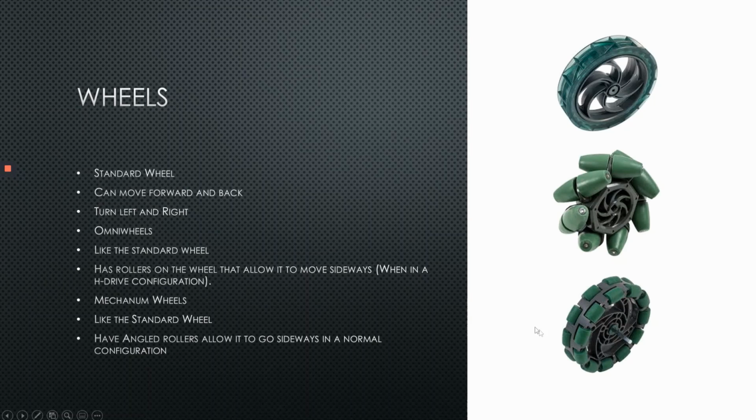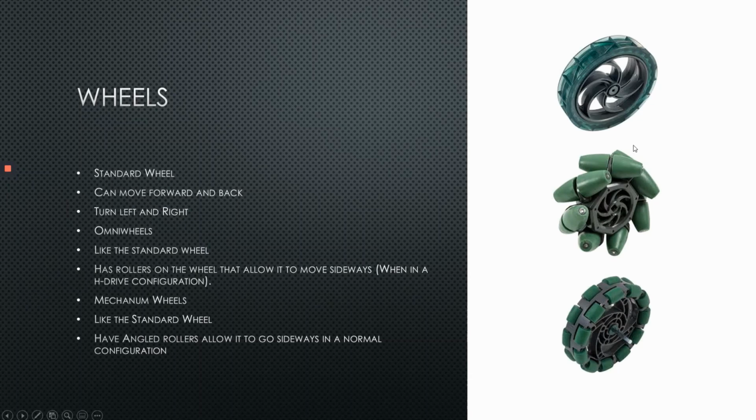But in some configurations, for example, an H drive configuration, which is two wheels on the left, two wheels on the right, and a wheel in the middle, if you program it in the correct way, it can allow your robot to move sideways, which is called strafing. A lot of teams like to use that. It allows you to center your robot, and it's really useful in competitions.